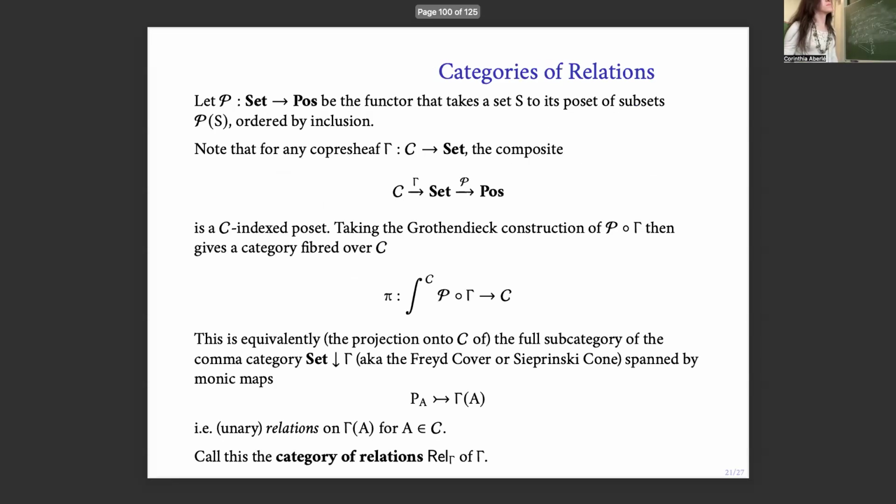Gamma equals covariant power set. Yeah, so you're right. My gamma is not this gamma. It's composed with something else. And maybe a more correct picture is to look at both Set and P of gamma instead of gamma. Yeah. And then it should be the good category.